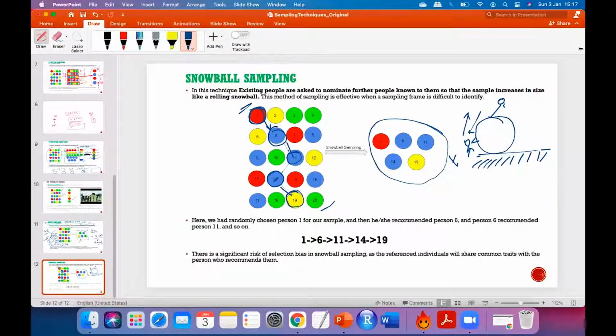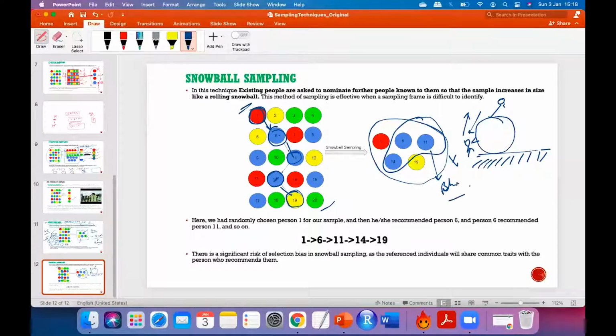But here again, you have a risk of bias. Most people refer people from the same economic background or the same caste or creed, you understand? So there is a chance of bias that we introduce with this type of sampling. You see here, most of the points are blue.